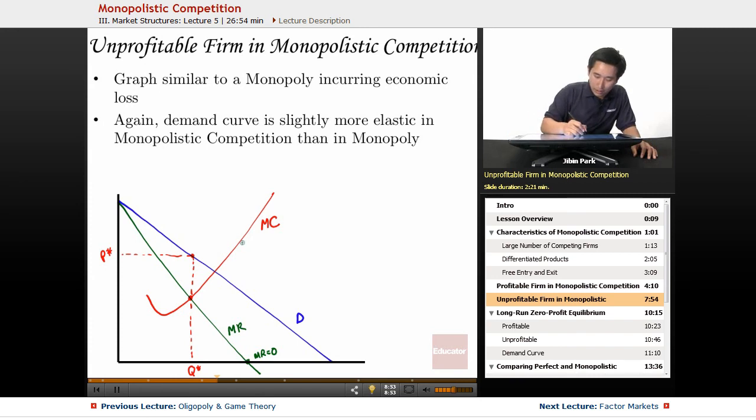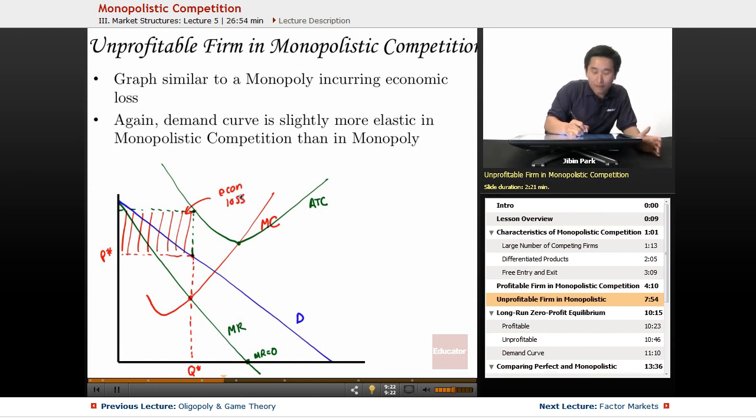So the way I would draw the ATC here is to the right of the demand curve, and I would draw a happy face, the ATC right here. And above the demand curve, but below the ATC, is going to be the economic loss. And you're going to be in the red here. So this would be referred to as the econ loss or economic loss.